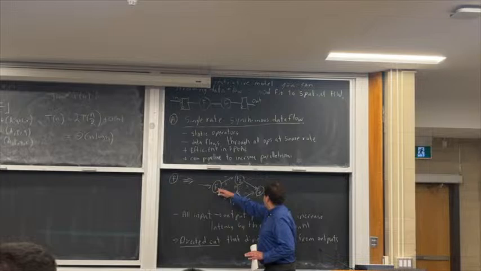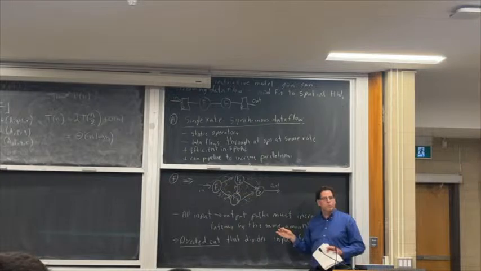Okay, that doesn't match. If I take this path, I get 1, 2, 3, so that's 3 as well. So I matched some of them, but I didn't match them all, which means that in some of these intermediate calculations, I am mixing data from essentially different clock cycles in a way that I shouldn't be doing. Okay, does that make sense?